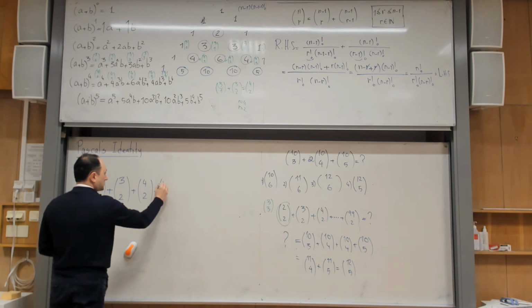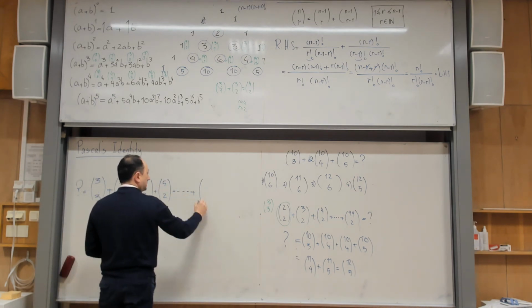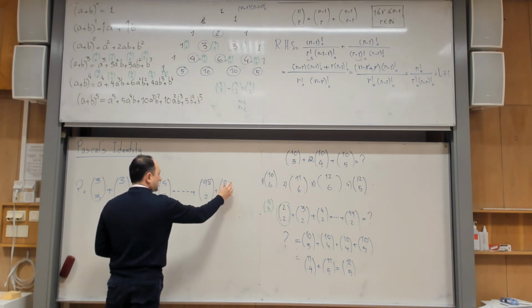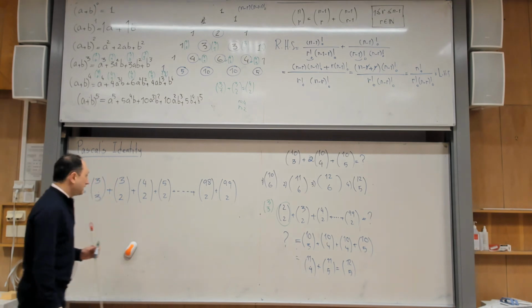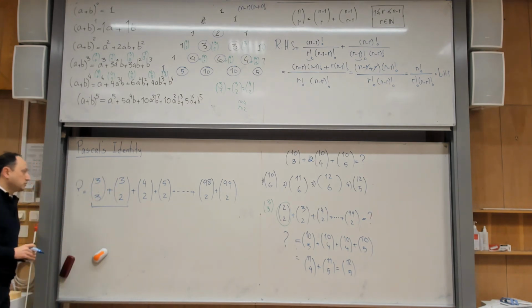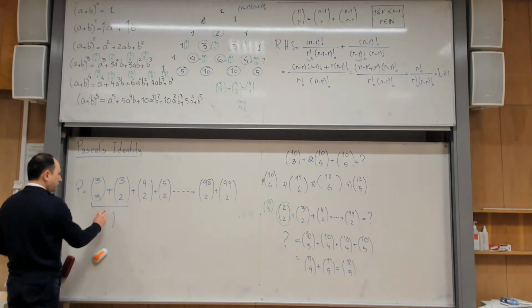So let me write the next one as well in front of you, and then we continue until the previous one is 98 choose 2, the last one is 99 choose 2, yes? Okay, but hopefully you agree with me, these two can be combined using the Pascal identity, and it becomes what? It becomes 4 choose 3.